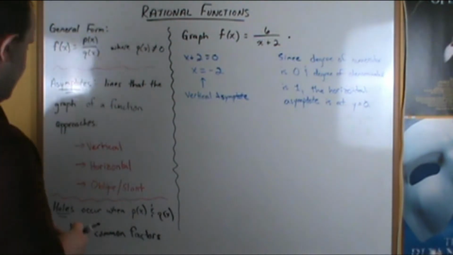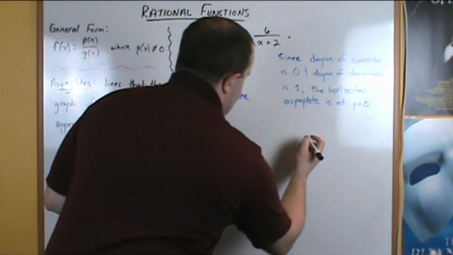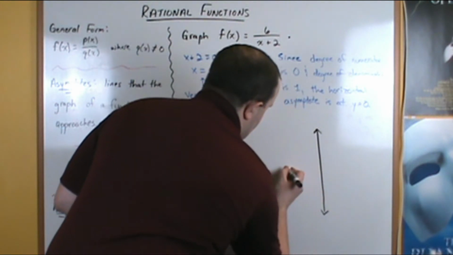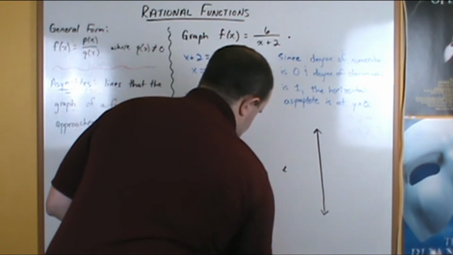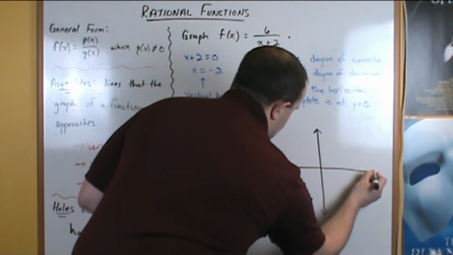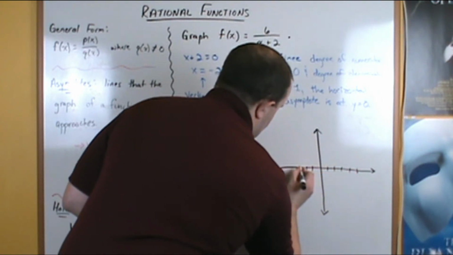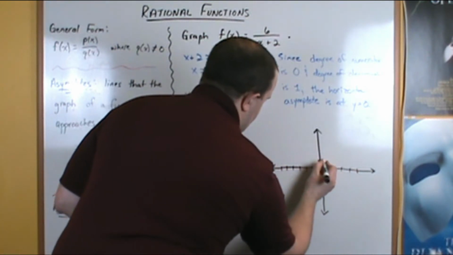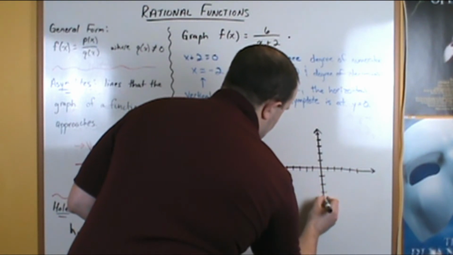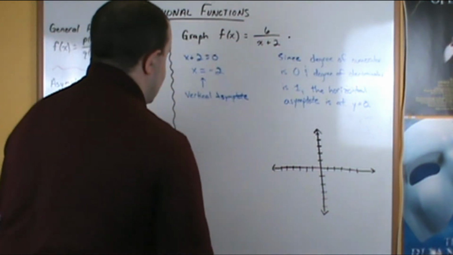So if we were to go ahead and graph this on an xy axis, we established we're going to have a vertical asymptote at x equals -2.